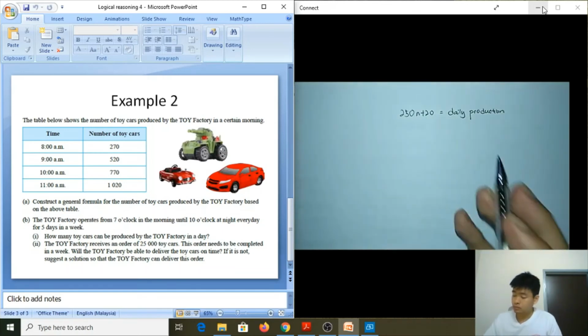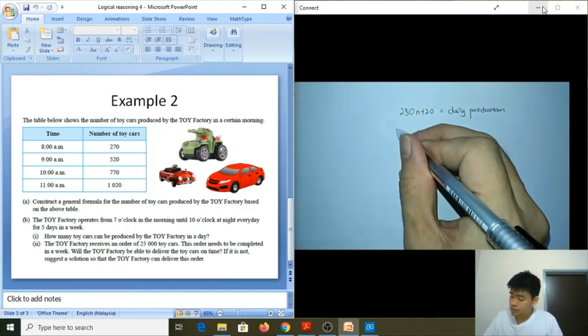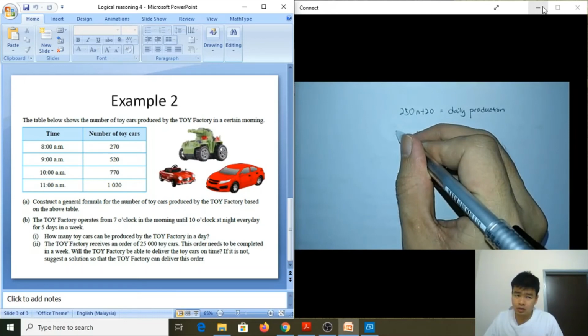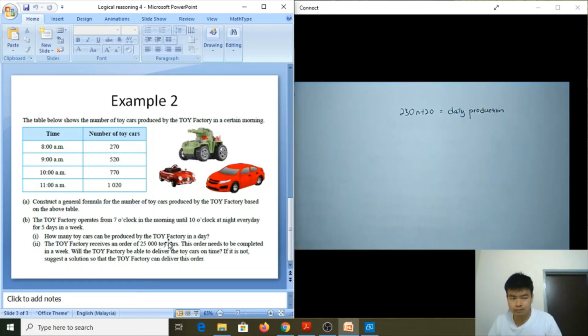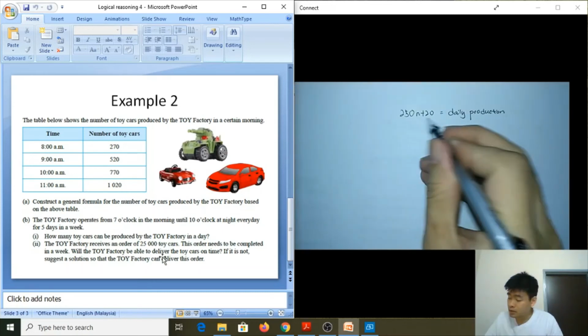So what is my expectation? Look at the question again. The expectation is after 1 week I need to have 25,000 toy cars, right? So this is a day, a day we have this many toy cars.